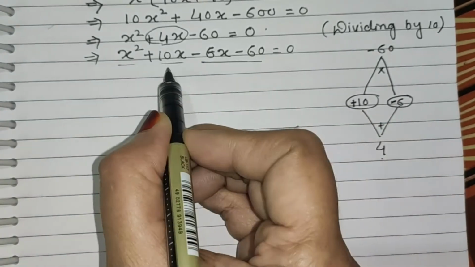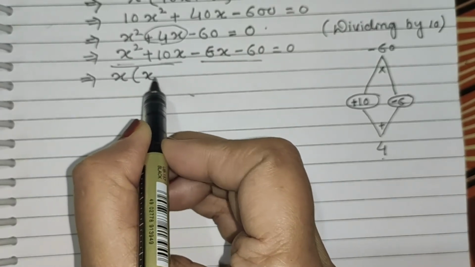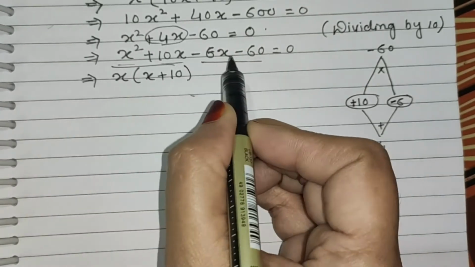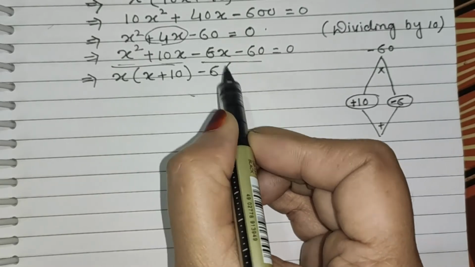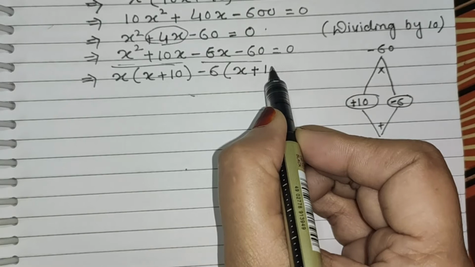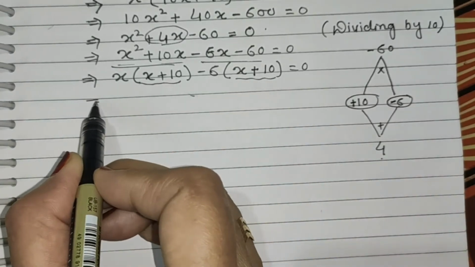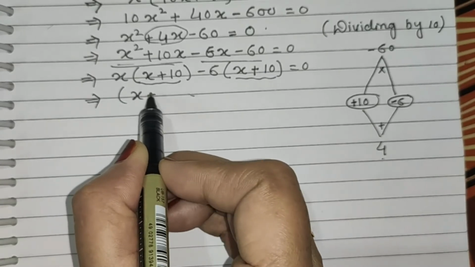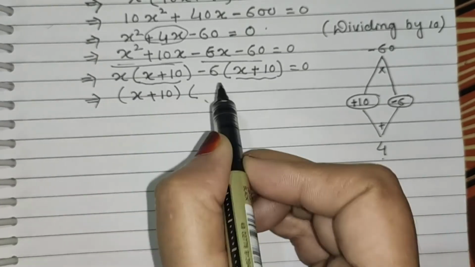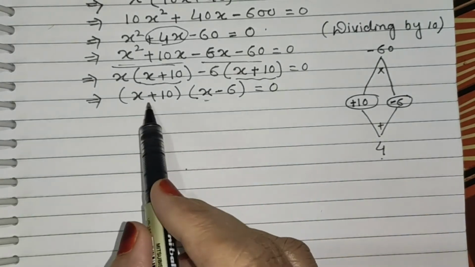Now making two groups, take out common here. x is common, the remaining one is x plus 10. Now here minus 6 is common, x plus 10 is equal to 0. Now take out the bracket common, x plus 10, and the second bracket contains x minus 6 is equal to 0.